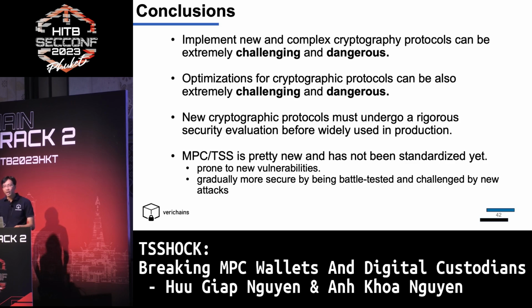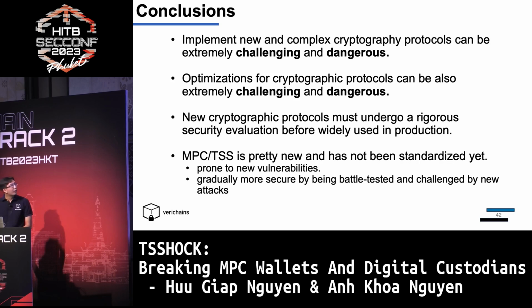Also, you should not optimize without enough knowledge, without proof, because this is cryptography. Once they create a protocol, they set a set of rules. And if you want to break those rules for some optimizations, that may not end up well, as we've seen in the C-split and C-guess attack. So optimizing cryptographic protocols is also a very challenging and dangerous task.